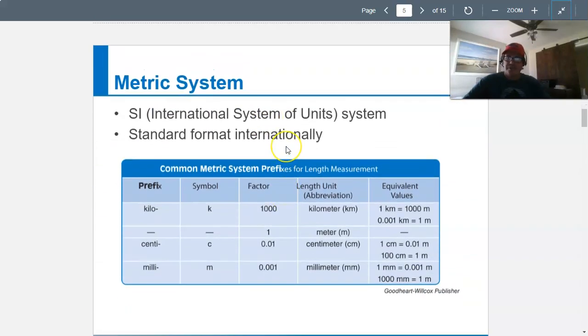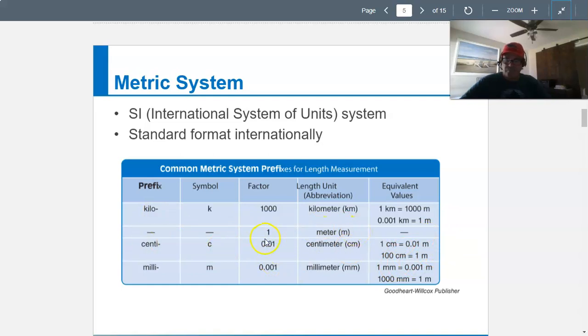And then you have the metric system, and it's often identified by SI, the International System, System International. And then it's got some prefixes here. These are really good to know. A kilometer is a meter by a factor of 1,000.